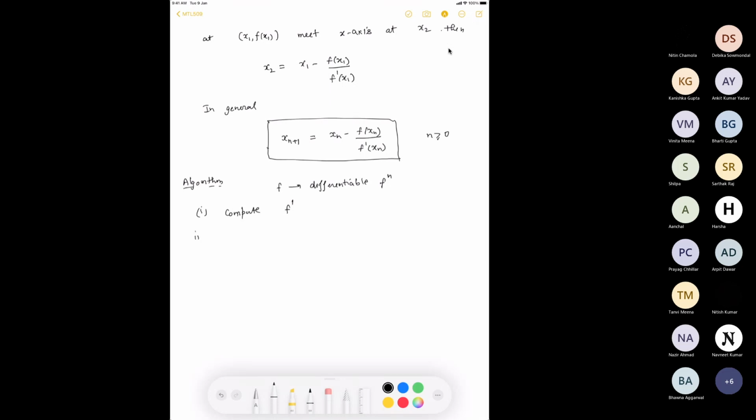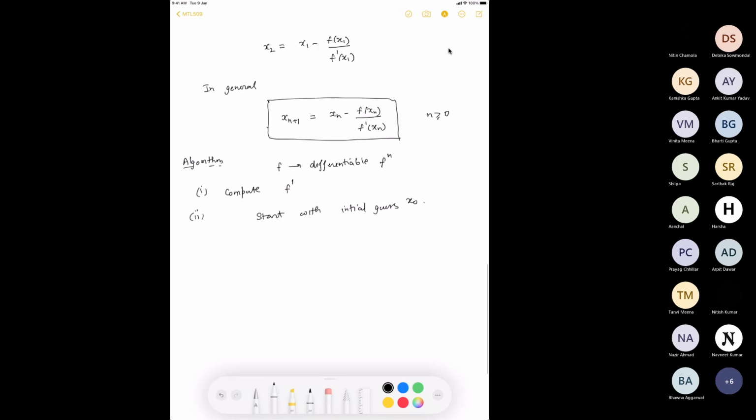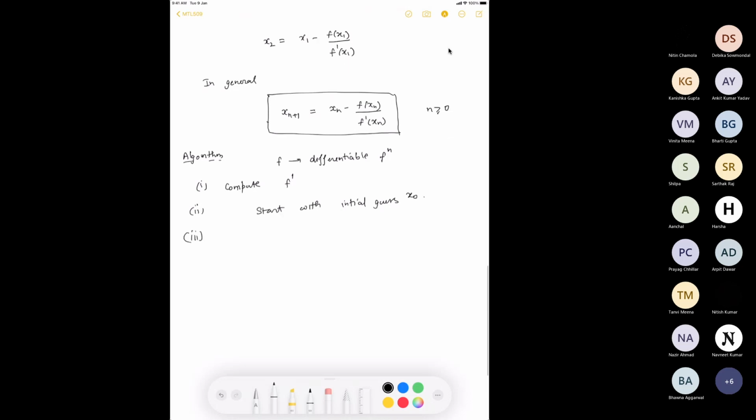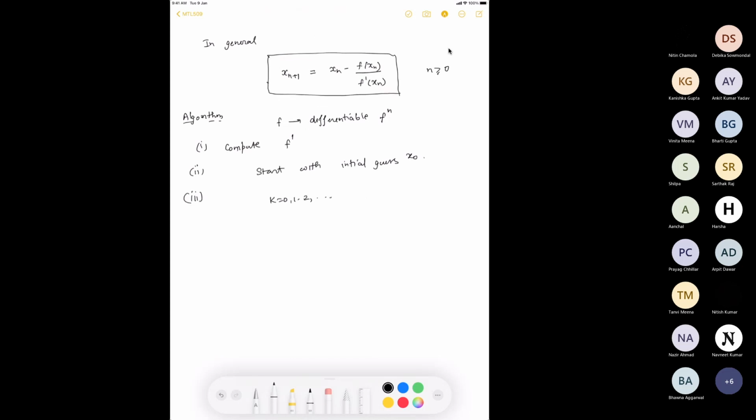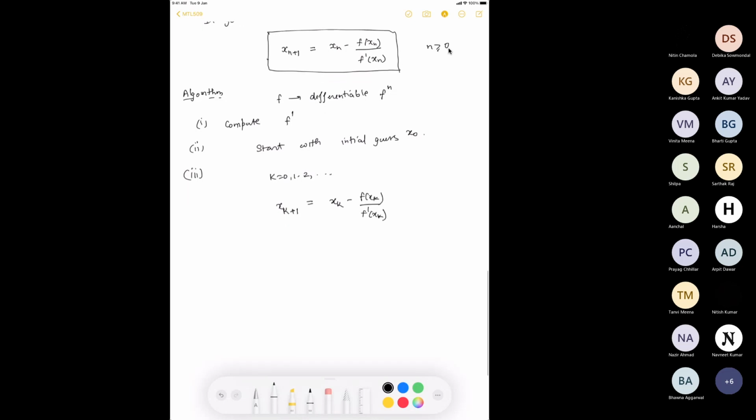And then you start with the initial guess x naught, and for k equal to 0, 1, 2, 3, up to a stopping criterion, you compute the iterates using this formula and repeat it.